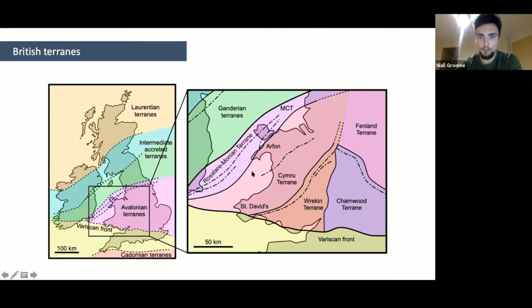One important feature is this little sliver in the middle, including Anglesey here, a little bit of Llyn Peninsula on mainland Wales, and down here in southeast Ireland as well, in Brosleigh. And that gives us an important part of the story as to how we reassemble what has happened in the past here.